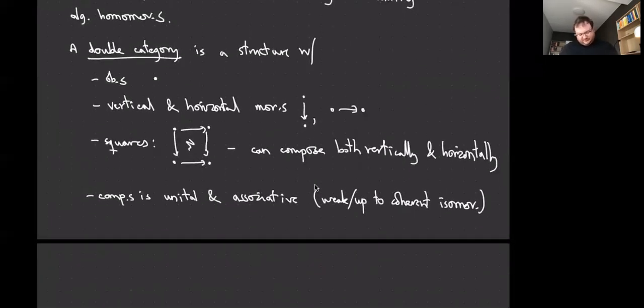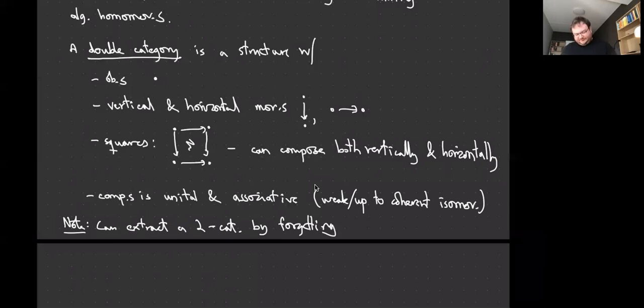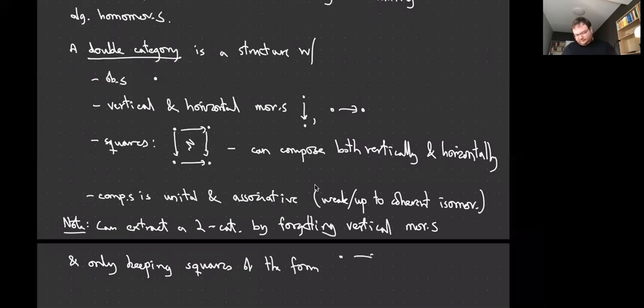Right, and let me remark that you can extract a 2-category by, for example, forgetting the vertical morphisms, and so you only keep squares of the form like this, where the vertical morphisms are identities.